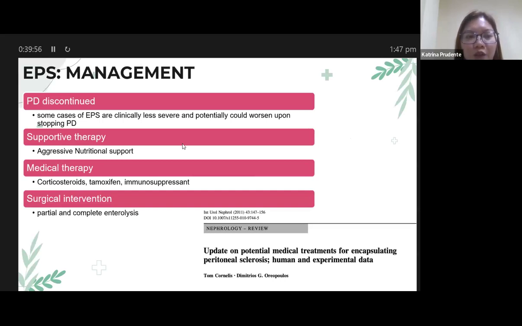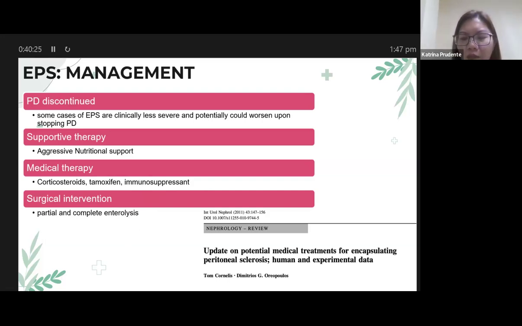Again, supportive therapy is also advised with aggressive nutritional support, since this patient is usually hypoalbuminemic and malnourished. For the medical therapy, corticosteroids, tamoxifen, and immunosuppressants are the options, and surgical intervention is only indicated if there is partial gut obstruction, and for partial and complete enterolysis.